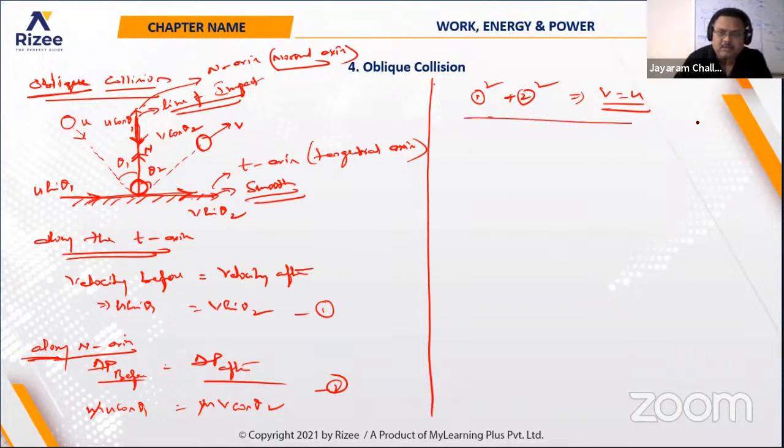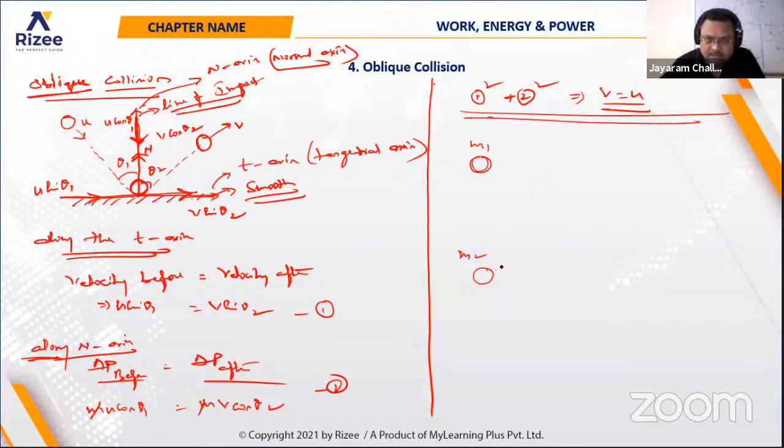The same oblique collision can also happen in two-dimensional structures. So how can this happen? For example, here there is a mass m1 and another mass m2. Both are traveling in this direction with velocities u1 and u2.